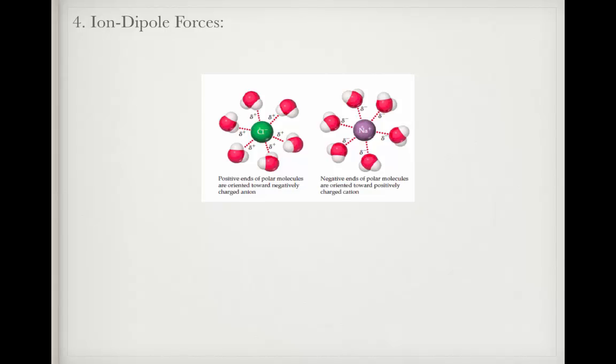This solvation of chlorine results because of the negatively charged ion and the partial positive charge in this polar molecule. Now, in reverse, the sodium ion is going to be surrounded by the water molecules, but what's going to be facing the sodium ion, which is positively charged, is the partial negatively charged part of the water molecule, the oxygen.